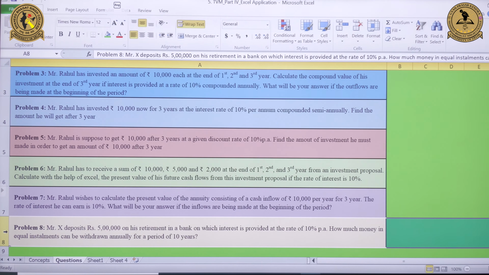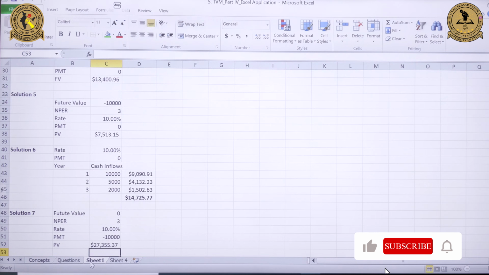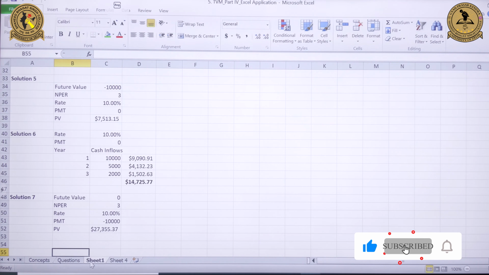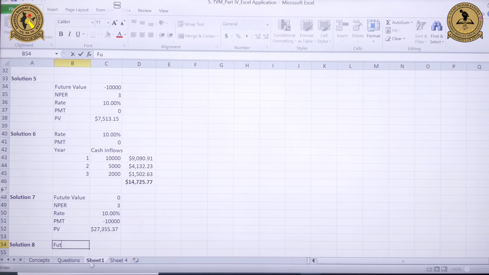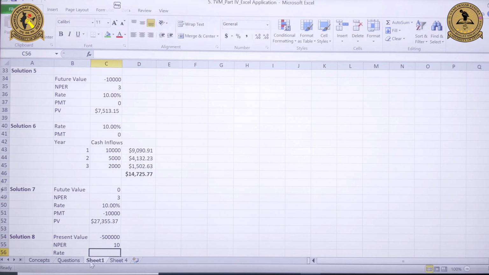Time period is 10. Interest rate is 10%. Based upon this information, I need to type a separate Excel function, and the Excel function is equals to PMT. So future value is 0, NPER is 10. Now in this case, present value is minus 5 lakh, NPER is 10 years, rate is 10%.